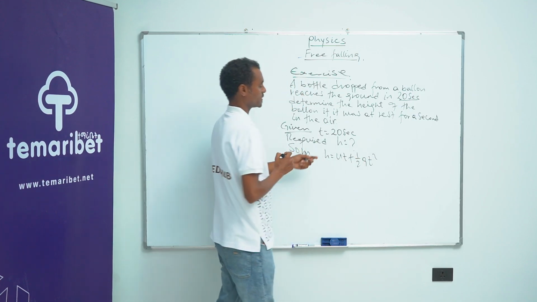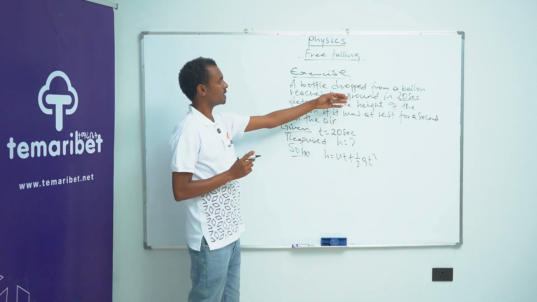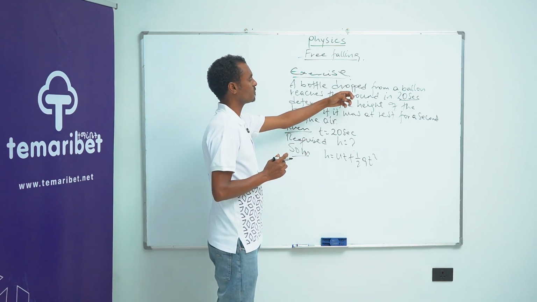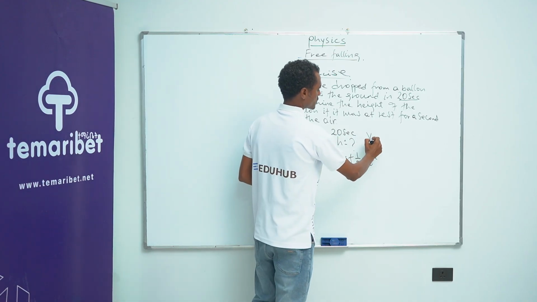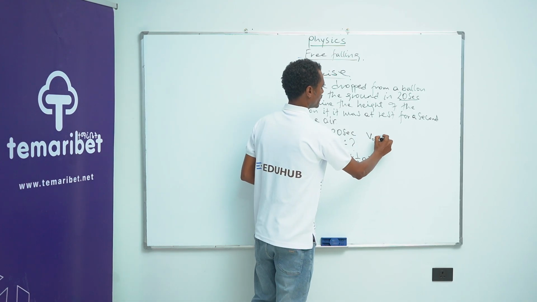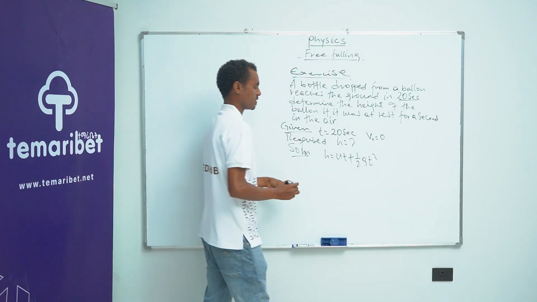Is there any more given here? Yes. Always, for something that drops or falls, in the case of free fall, our initial velocity is 0, so we are treating this as 0.